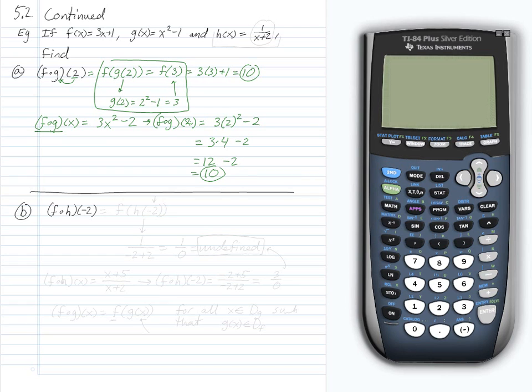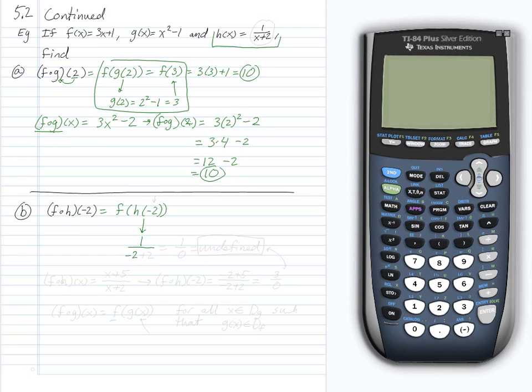So I'd like to look at one more example of this process with these functions. So f of h of negative 2, what's that asking for? f of h of negative 2. Okay, so we need to figure out what is h of negative 2, so that would be plugging negative 2 into our formula for h.